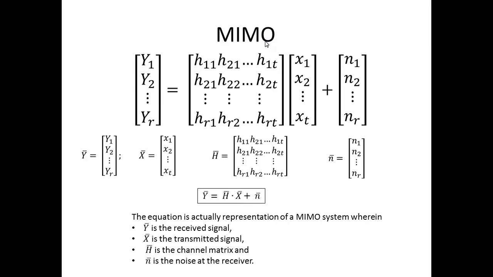N1, N2 up to NR are the noise signals at the receiving antennas. H11, H12, H21, H22 up to HRT form the H matrix, or the channel matrix, which characterizes the MIMO channel.